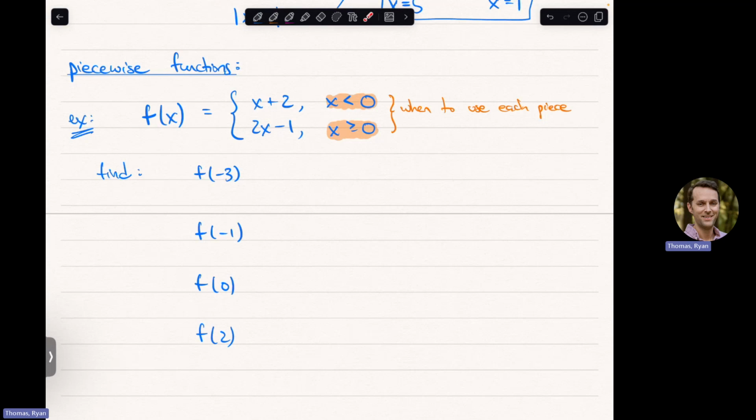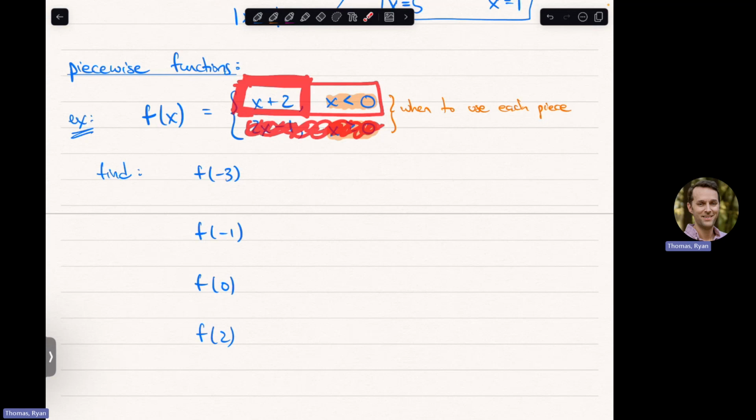So really all this function says is that if the value you're plugging in is less than 0, so if it's negative, then you use this rule, and what you do with your x value that you're plugging in is you add 2 and you ignore this altogether, because if the x value fits into the first piece, right, if it's less than 0, then that's the piece of the function that you use, right?